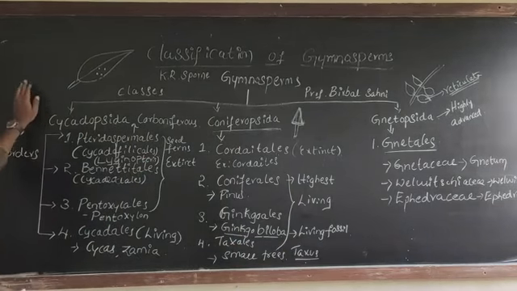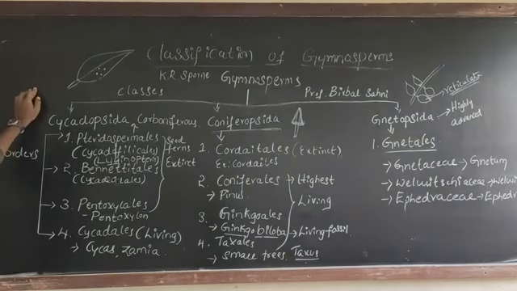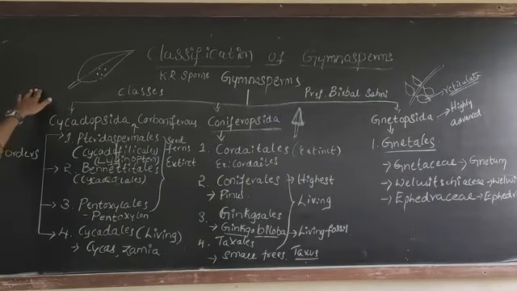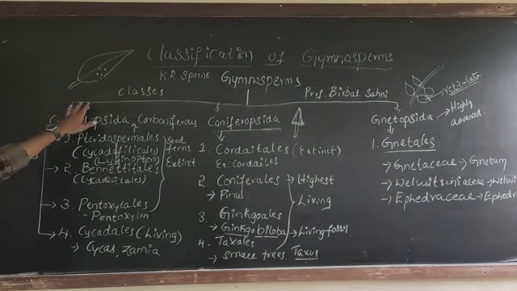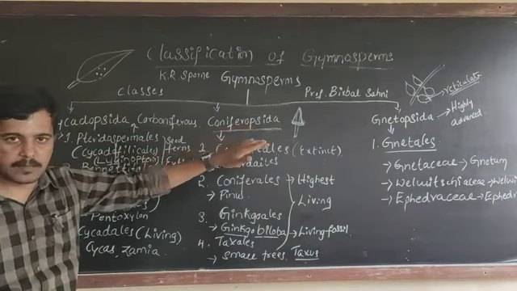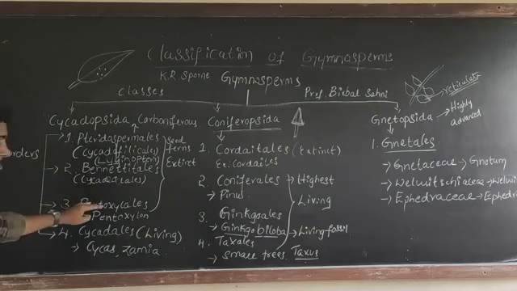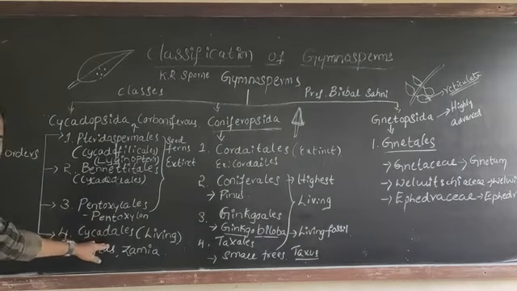So this is about the classification system of gymnosperms given by K.R. Sporne. He has classified the gymnosperms into three classes: Cycadopsida, Coniferopsida and Gnetopsida. The class Cycadopsida is divided into four orders: Pteridospermales, Bennettitales, Pentoxylales and Cycadales.